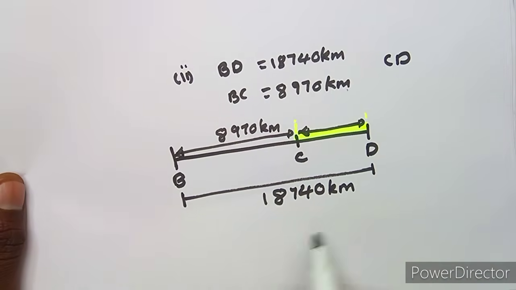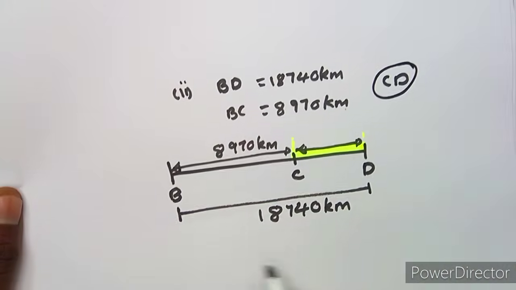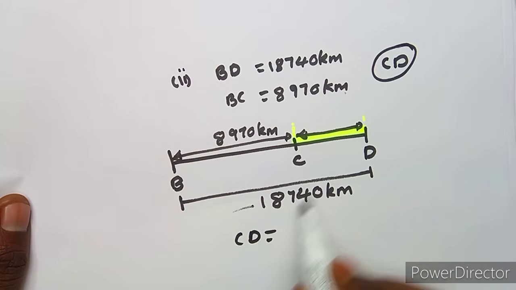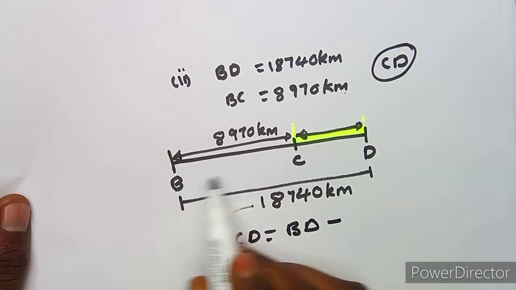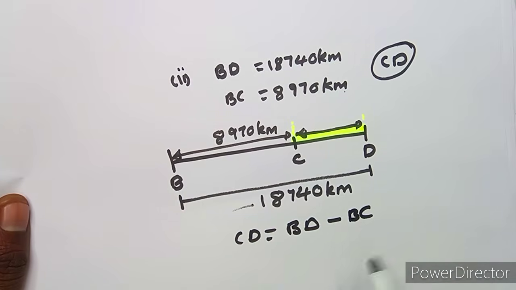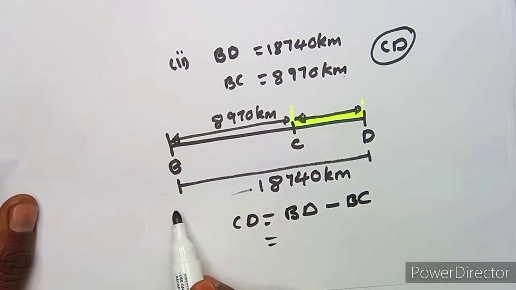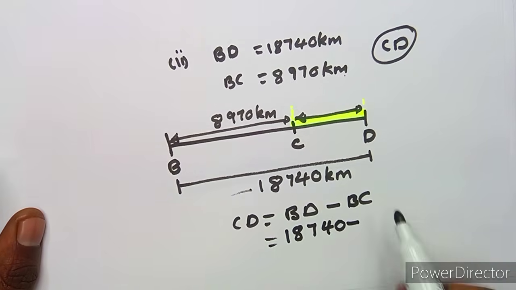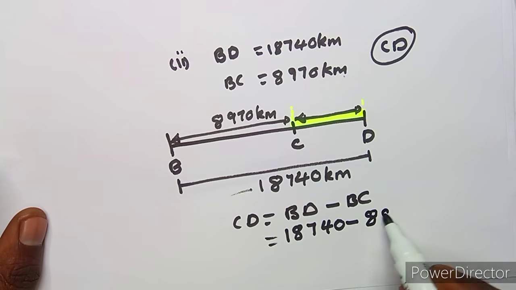All right, so now we can have our CD. Our CD is equivalent to the difference, which is BD minus BC, or whether you write CB or BC, I don't know. So BD, which is 18,740, minus BC, which is 8,970.